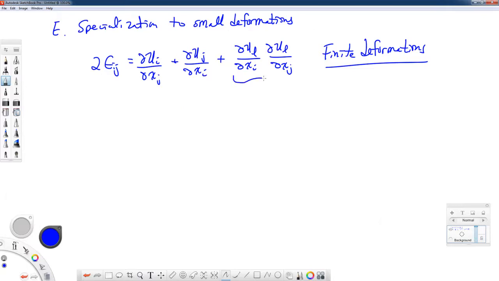So what we're going to do at this point, we may go back, and if we look at hyperelasticity, we'll have to go back to finite deformations. But for right now, we're going to take these higher order terms and make them approximately 0 for small deformations.